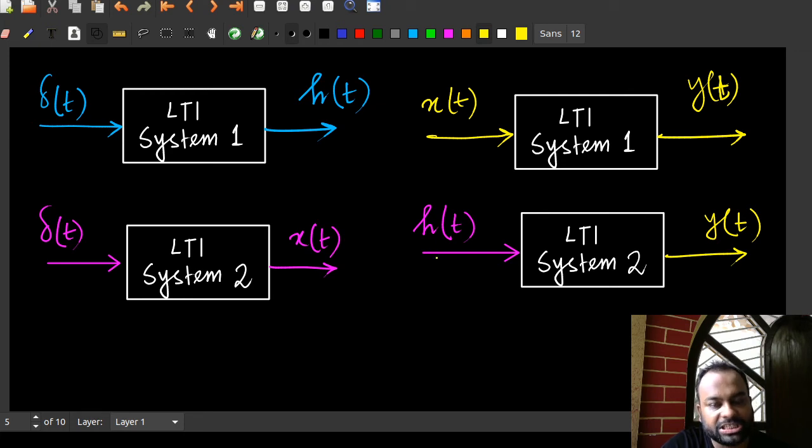So the output was x(t) convolved with h(t), and the impulse response of this system was h(t), and the input was x(t). So the output was h(t) convolved with x(t), and since x(t) convolved with h(t) is identical to h(t) convolved with x(t), the outputs of these systems are identical in nature.